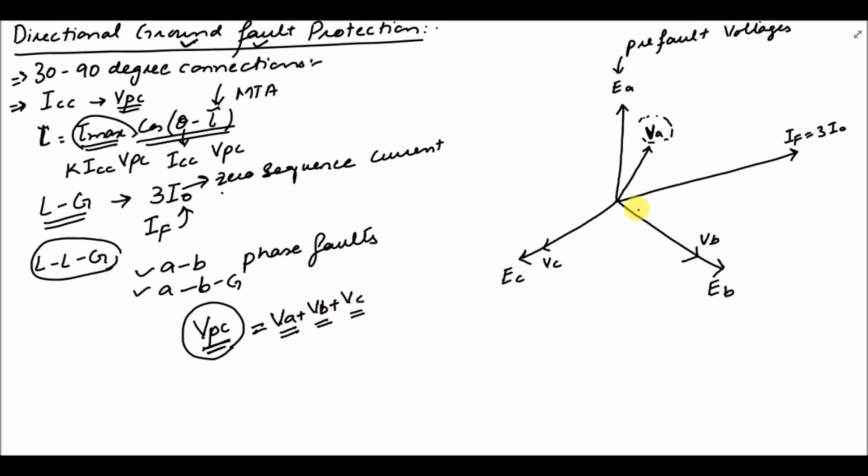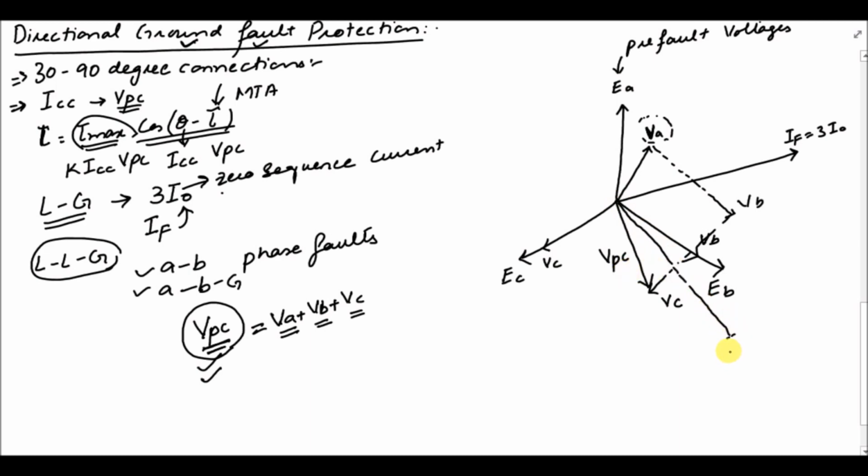Now we have to check the operation of the directional relay. For that we first have to draw the VPC phasor, which is VA plus VB plus VC. So this will be the VPC phasor. If this is the VPC phasor, the MTA line will be somewhere around 20 degrees from the VPC phasor.